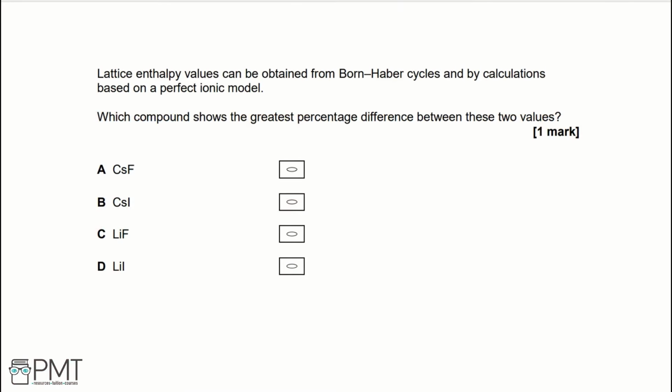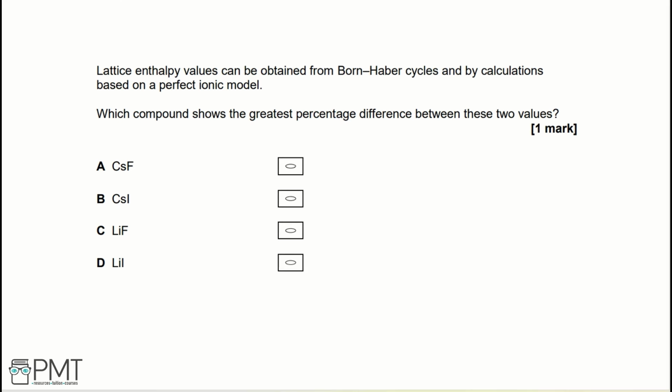Lattice enthalpy values can be obtained from Born-Haber cycles and by calculations based on a perfect ionic model. Which compound shows the greatest percentage difference between these two values? A. CsF, B. CsI, C. LiF, or D. LiI?